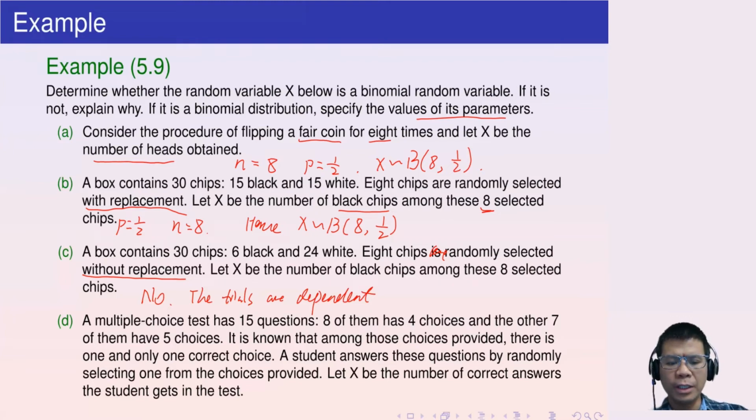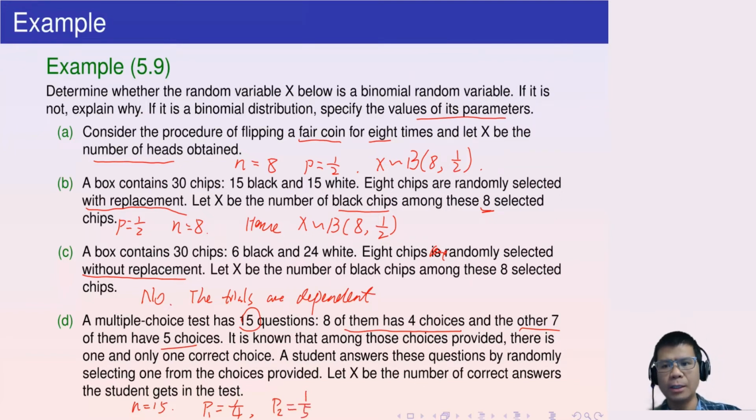So this one, I know there are 15 questions, so n is 15. Now, however, 8 of them have 4 choices. For these 8 questions, the probability of getting the correct one is going to be 1/4. However, for these 7 of them have 5 choices, so we have p2 is 1/5.